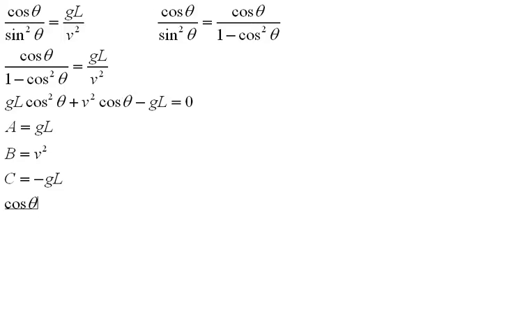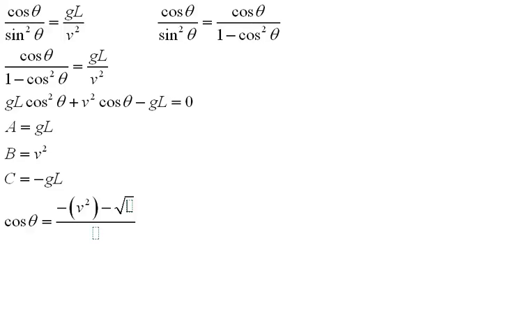Cosine of theta is going to equal negative B, so that's going to be negative V squared, plus or minus, and in this case it's going to be the minus version, the square root of B squared.